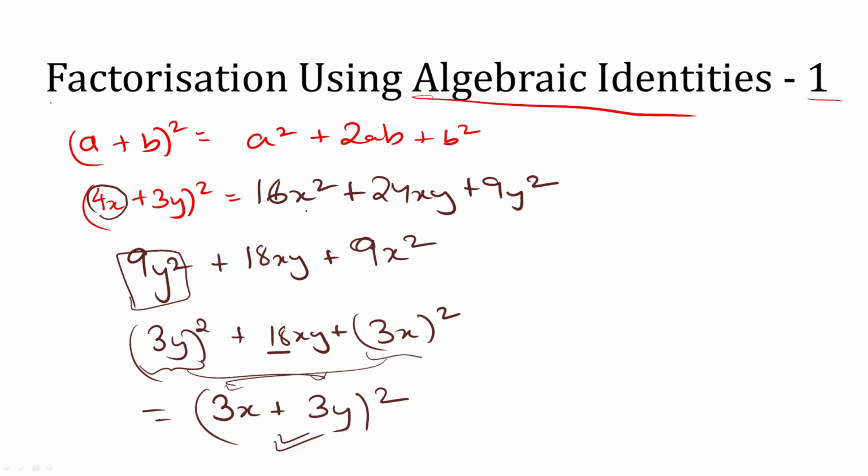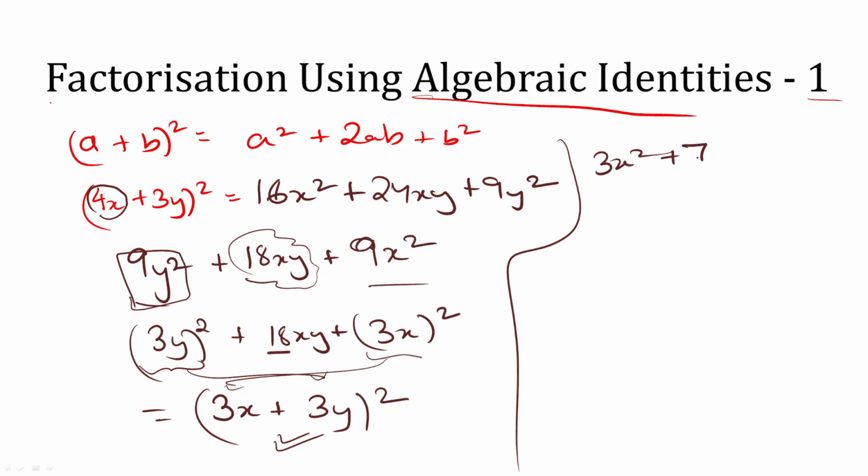So this was not very hard. We just have to reverse the square root of these and check whether it is correct, because in exams we can also get tricked. Suppose that we are asked 3x square plus 7x plus 1. If we were to just do this, let us imagine this is 9x square instead of 3x square.